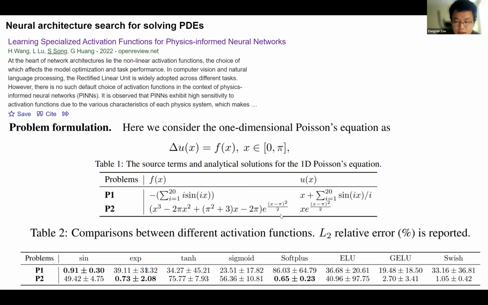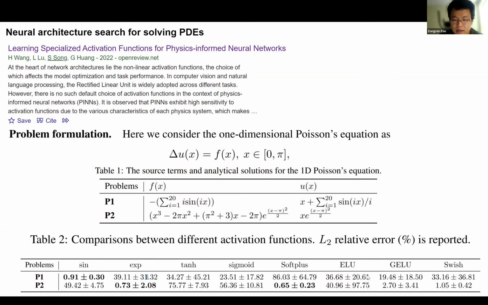So they show that for this type of problem, the type of activation function really matters. You see here for problem 1, where the source term is a summation of different sine waves, the sine activation function for the neural networks works way better than hyperbolic tangent or any other activation function.